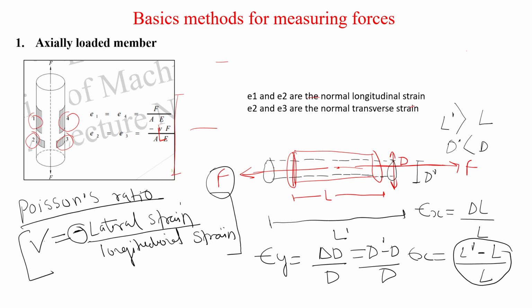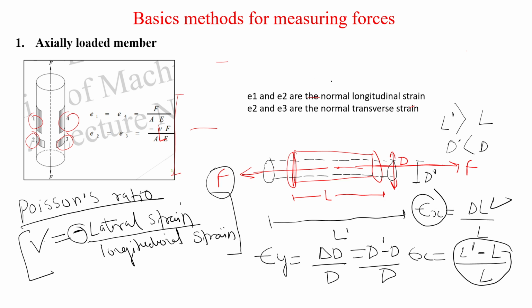No, sir. Okay, see, we want the ratio to be positive, right? So you have seen here that this is positive because length is increasing. The del L, yes sir, is L dash minus L. So L dash is greater than L. This is positive.